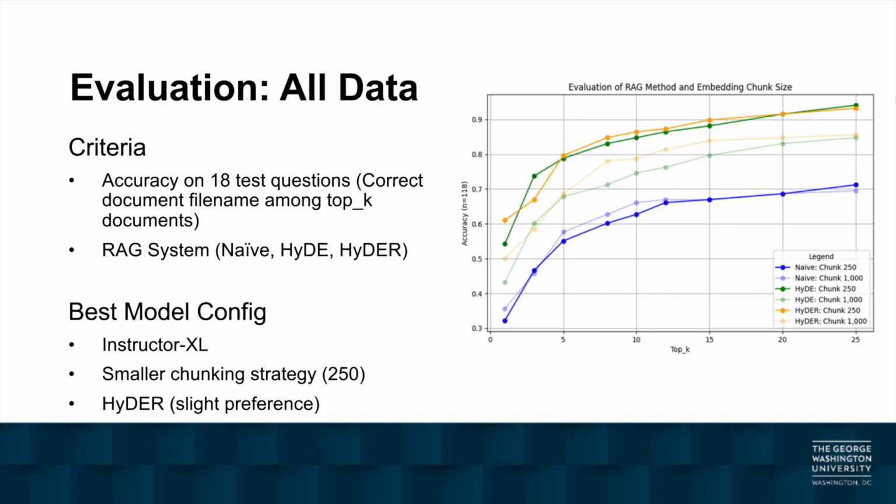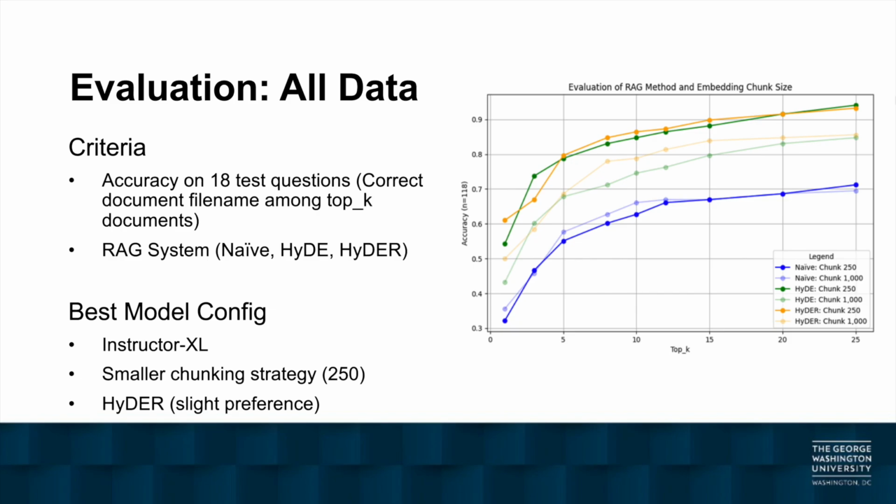You can see in this graph here, if you trace the green line, it shows that our answer and retrieval accuracy when using Hyder boosted all the way up to like 93, 94%, compared to where we started with that blue line with our naive RAG, which barely cracked 70%.